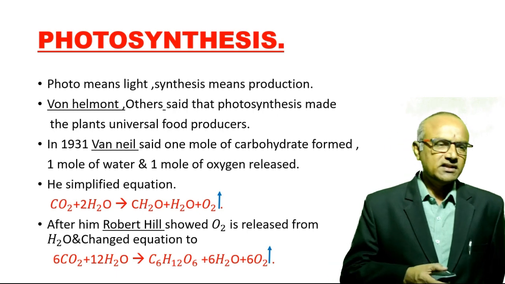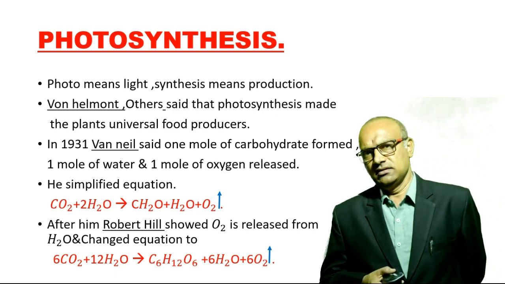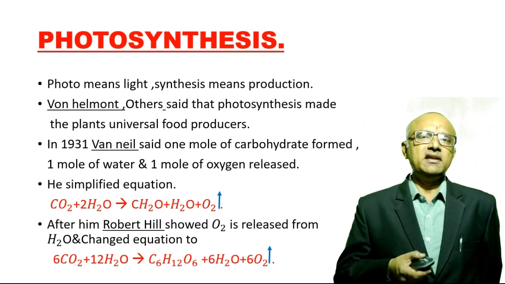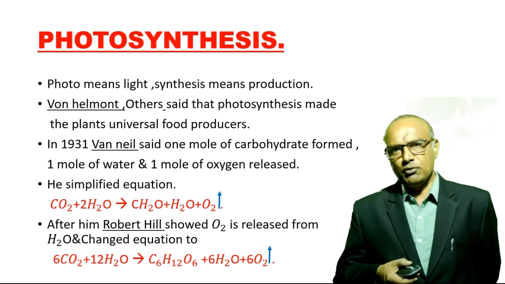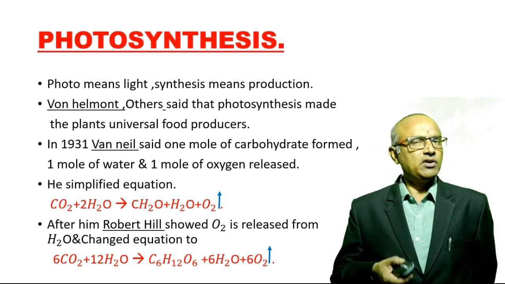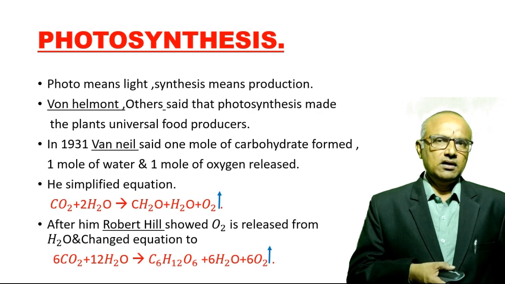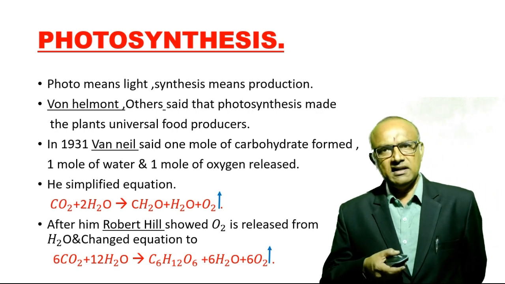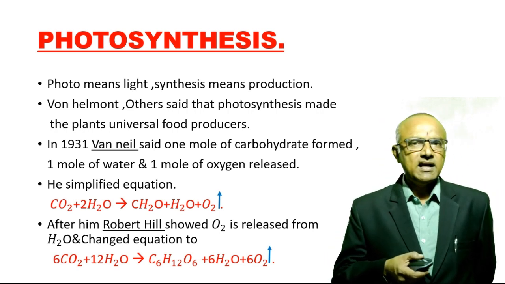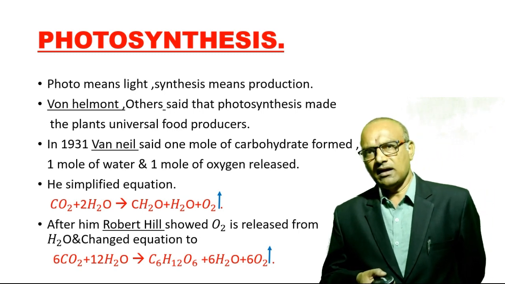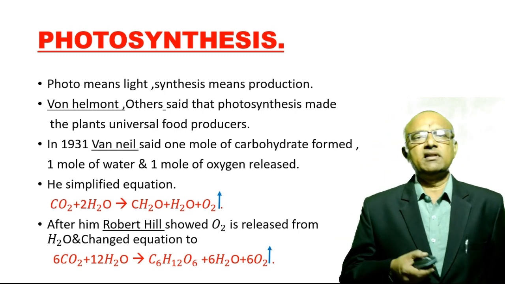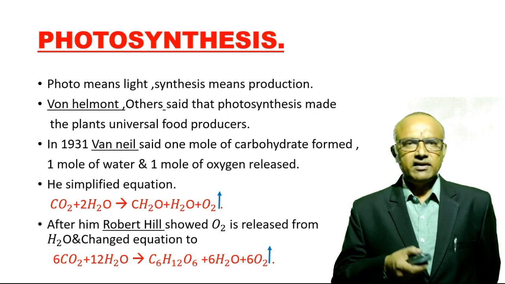On photosynthesis, there were many scientists who worked hard 200 years back, and they proposed some statements without any proof. The popular statement was that the green plants living on planet Earth are the universal producers of food.